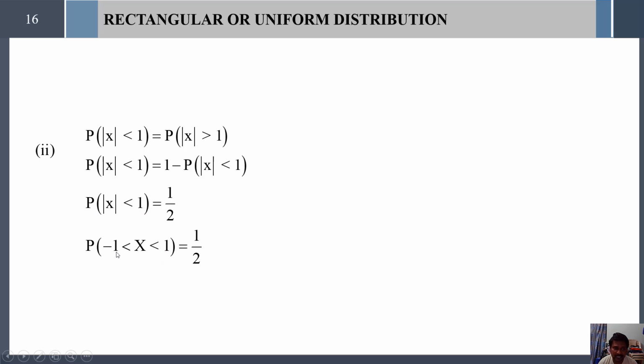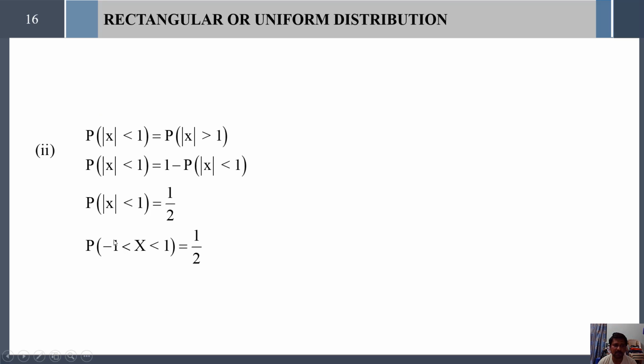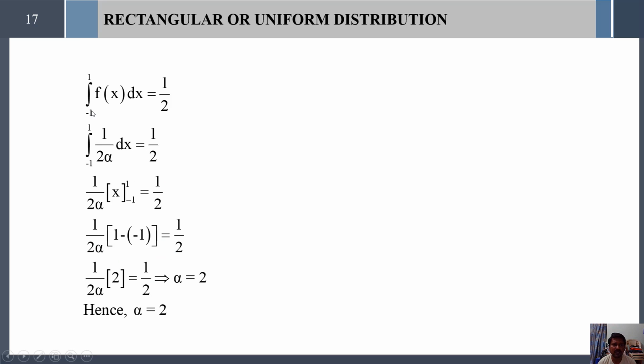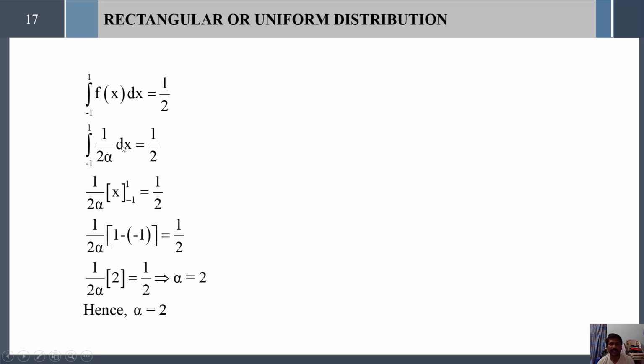So probability of minus 1 less than x less than 1 equals 1 by 2, and operating the integral as usual, the limits are minus 1 and plus 1. Therefore integral from minus 1 to plus 1 of f of x, which is 1 divided by 2 alpha, into dx. Integrating and substituting the limits, 1 divided by 2 alpha into 2, and cancelling the 2, we get 1 divided by alpha equals 1 by 2. Hence alpha equals 2. That's a very simple problem.